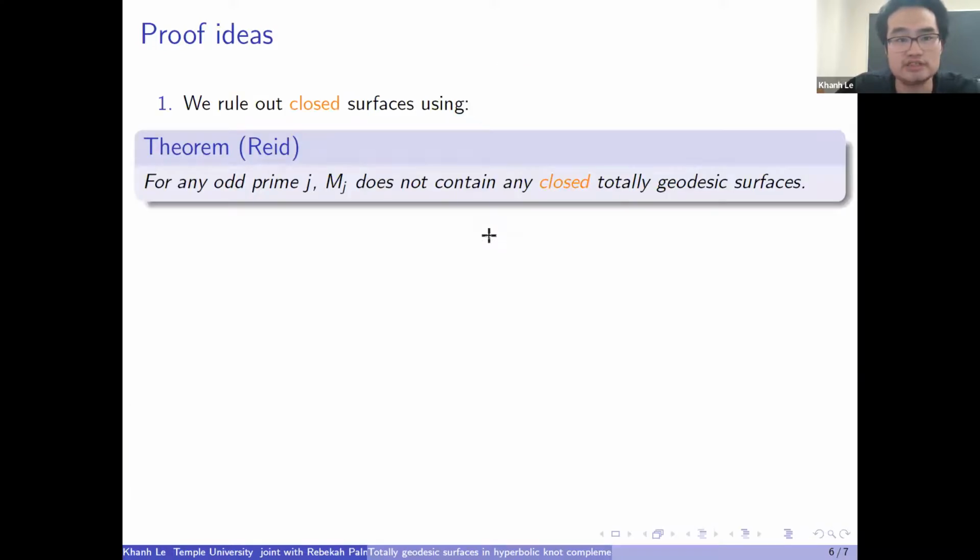Here's the strategy for our proof. First, we note that these manifolds M_j do not contain any closed surfaces, and this is a result due to Reid.